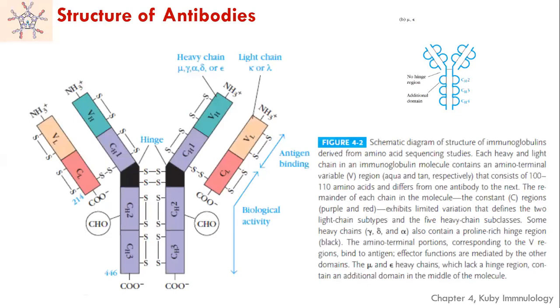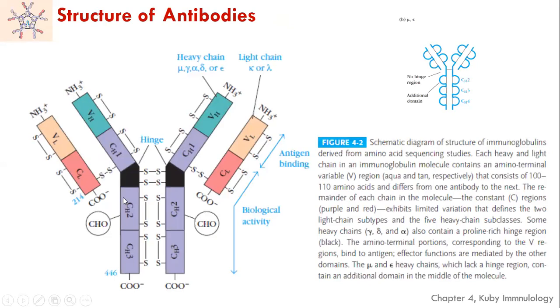Let's recap the structure of the antibodies we were speaking about in the last class. Basically, it's a Y-shaped polymer. Also, it's a dimer of dimers, a heterodimer. You see the N terminal, the amino side of the antibody, and the C terminal here, NH3 plus and COO minus in ionic form.